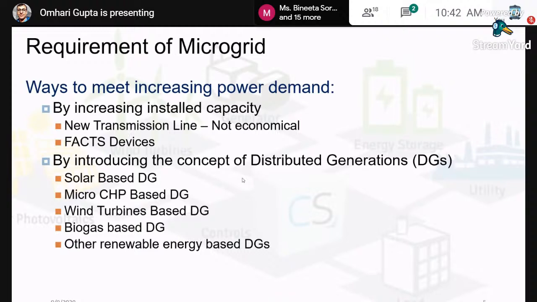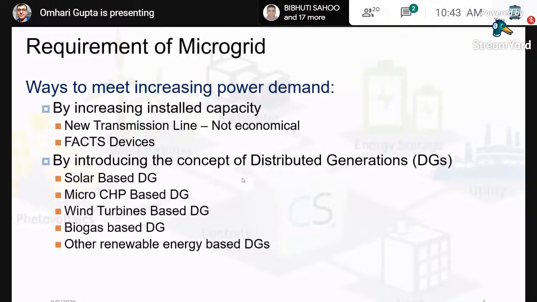Okay, so for those transmission lines, either you build a new transmission line to carry that huge amount of power generated to the load center, or there is another option available. You can incorporate FACTS devices to the existing transmission line. What they do, these FACTS devices alter or manipulate the electrical parameter in such a way that more power can be pushed through the existing transmission line to fulfill the increasing power demand or the load demand.